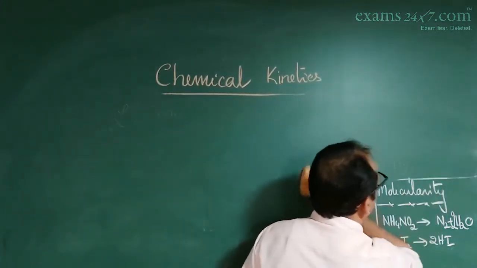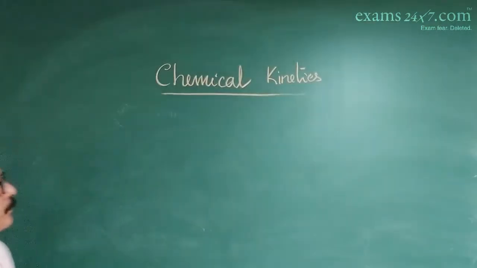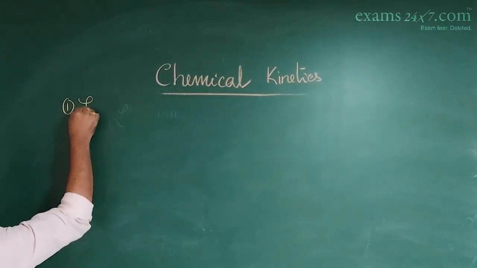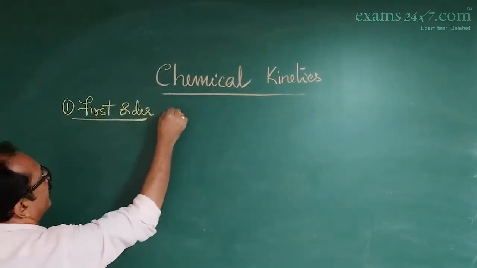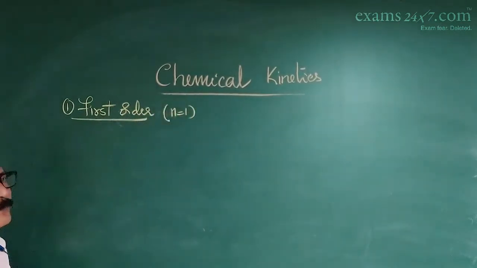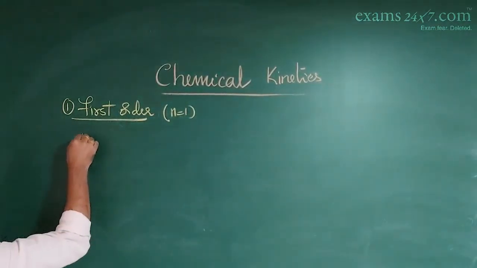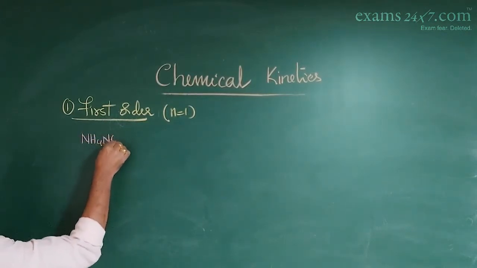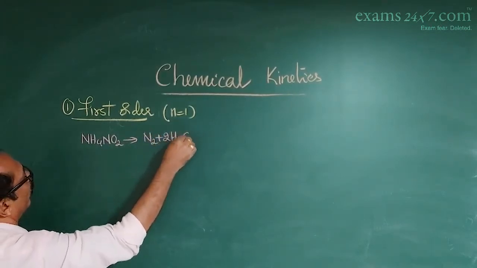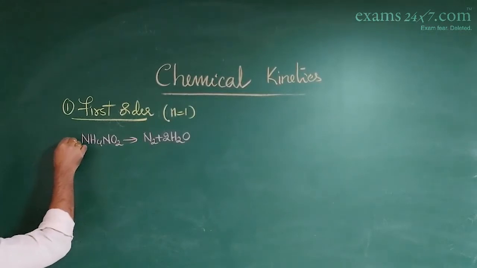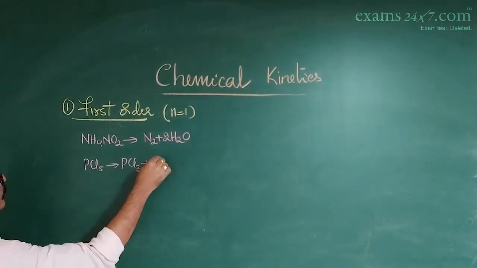Then different types of reaction based on order. First, the first order reaction. Here the order of the reaction is 1. Examples for first order reaction: decomposition of ammonium nitrite that gives nitrogen and water. Second example, dissociation of PCl5 that gives PCl3 and Cl2.